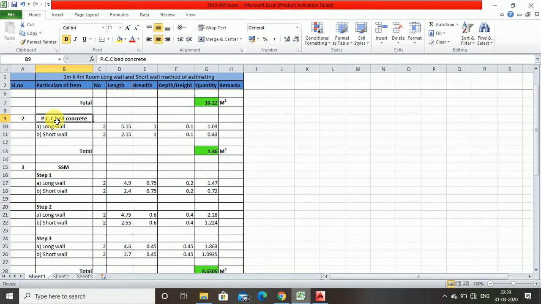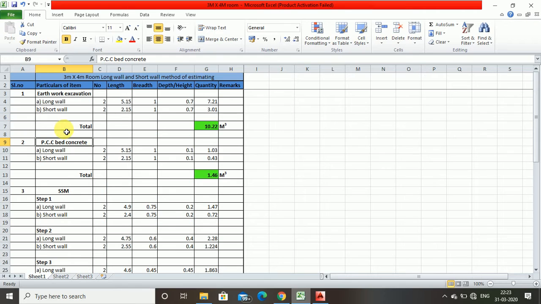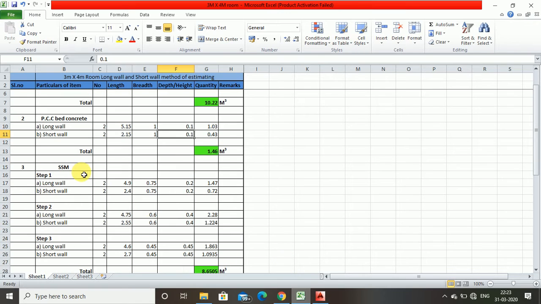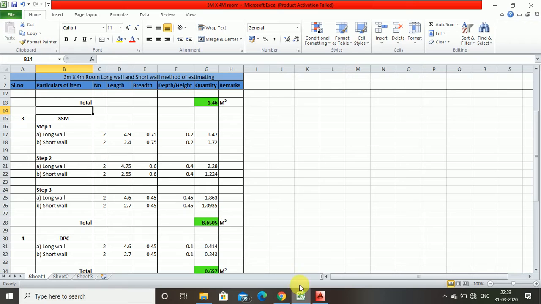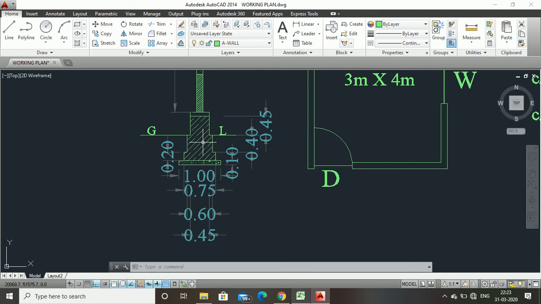So again in PCC concrete this will be same as continuous. Length will be 5.15 and short wall, only the depth will be changed, that is 0.1 meter is the PCC thickness. Now the SSM, which is side stone masonry, we have 3 steps, 1 2 3 of different width and different depth.